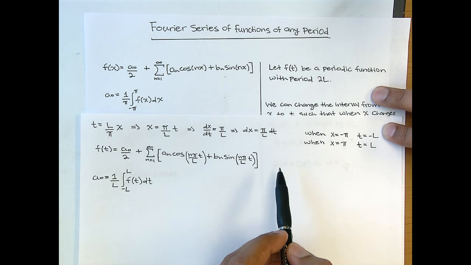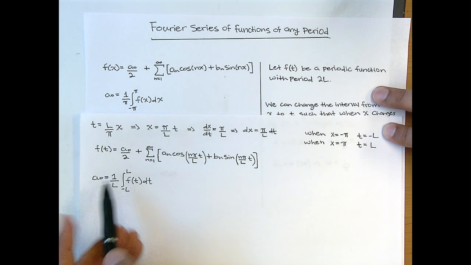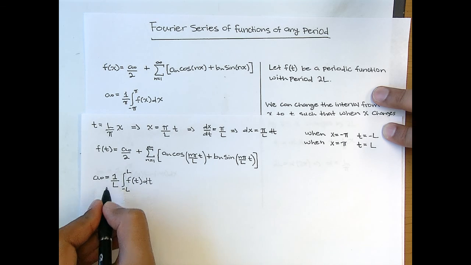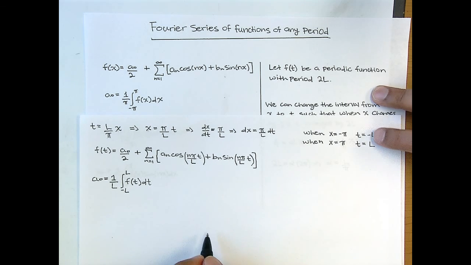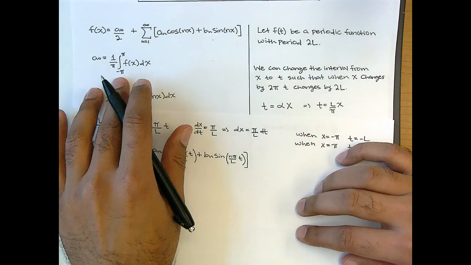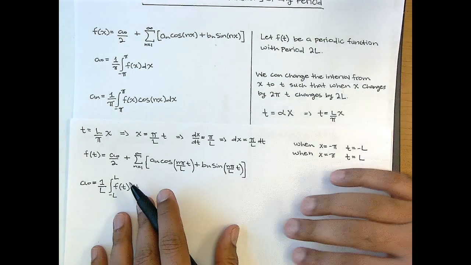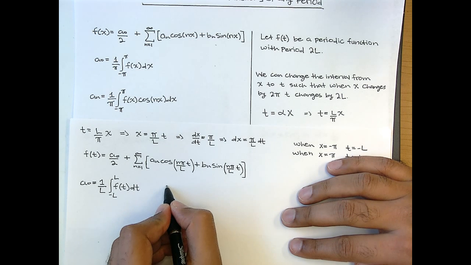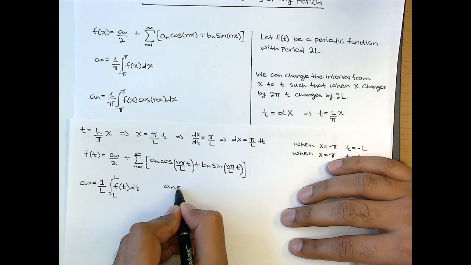All right, so this is the coefficient a0. And similarly, we can transform the coefficients a sub n.